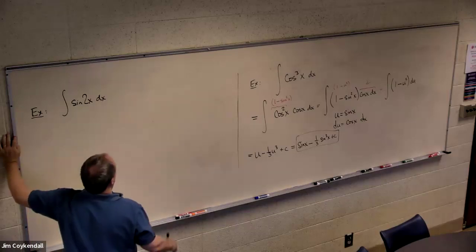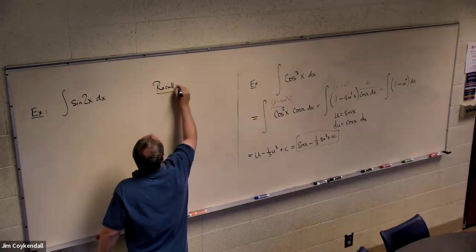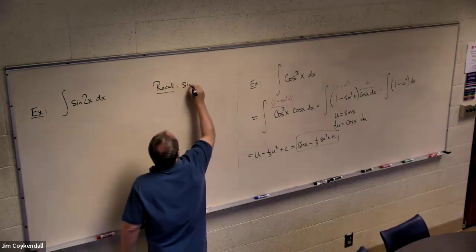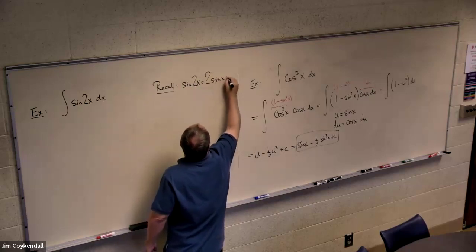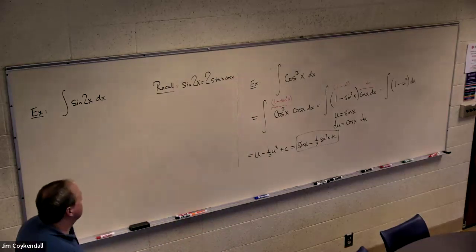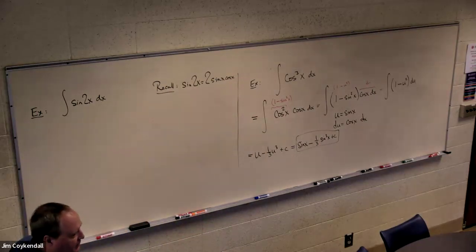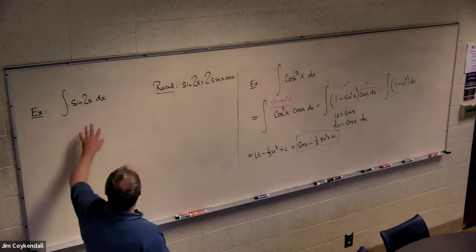Well, note that identity exists, right? It's the famous double angle identity, 2x is the same.